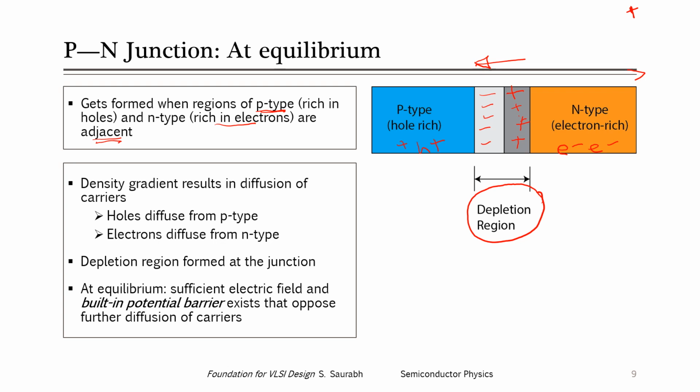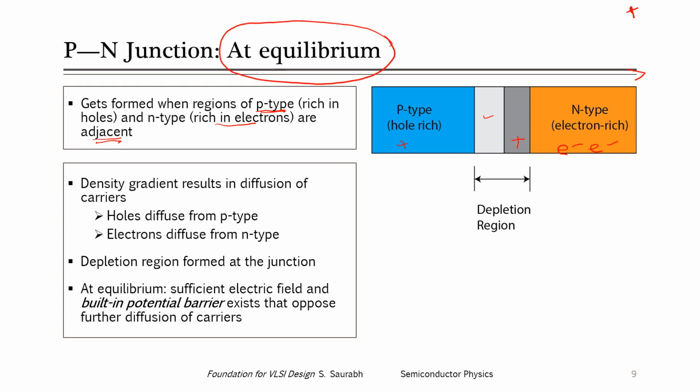That movement will go on until an electric field is created, and this electric field exactly balances the diffusion force, if we can say that there is a diffusion force which is moving the carriers from one side to the other. So the diffusive force and the electric field are balancing out. When that balancing act is perfect, which is reached after some time, an equilibrium condition is there, right?